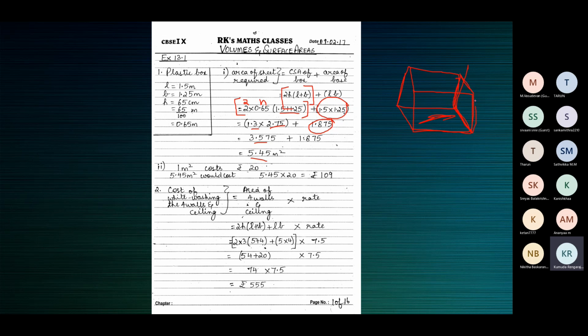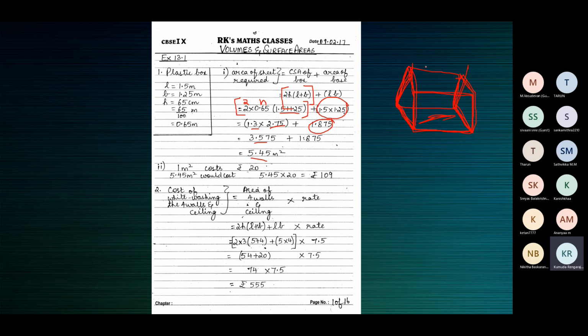The area of this side face is not L into B. This is B. B into H. The area of this side face is also breadth B into H. It's not a triangle, it's a rectangle, children.